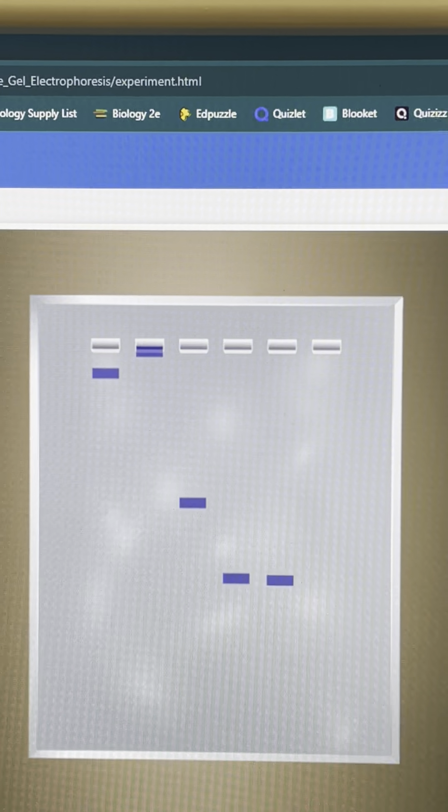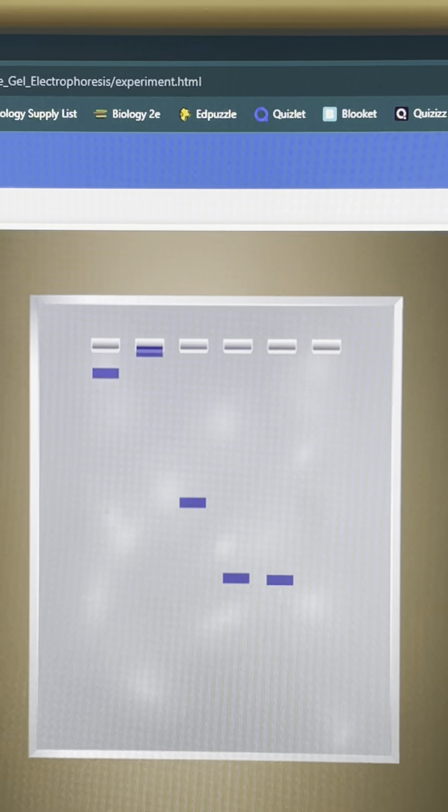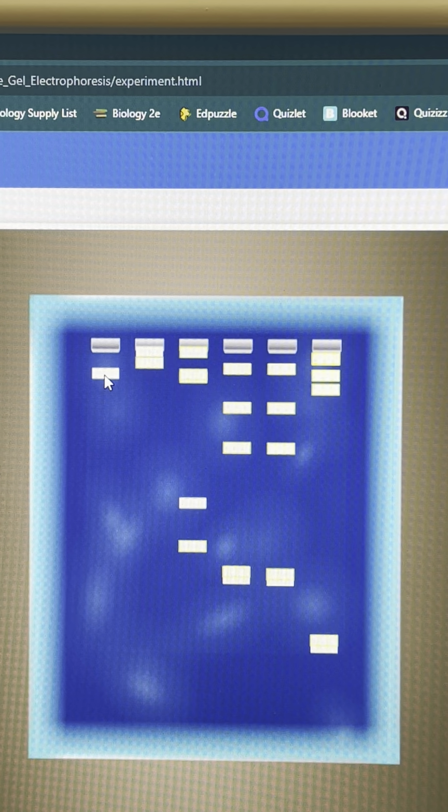So I really can only see the DNA under the fluorescent light or the UV light. Now, the one thing that I do know is well 1 is my marker or my ladder. Normally the ladder will fill up the entire page, but in this example, I only have a ladder for 1,000 base pairs. So let's answer these questions.